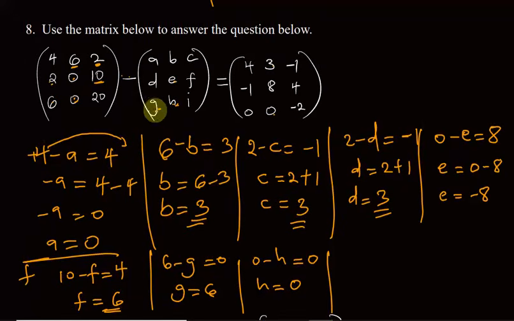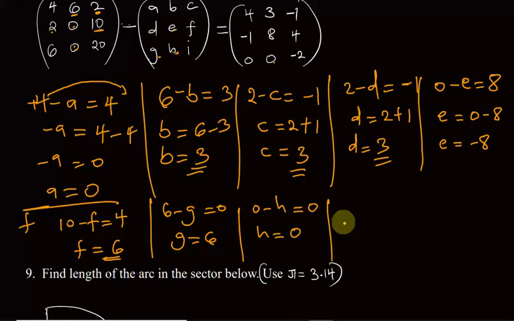And lastly, i. I is the last one. So 20 minus i is negative 2. So i will be 20 plus 2. I will just be 22. That way.